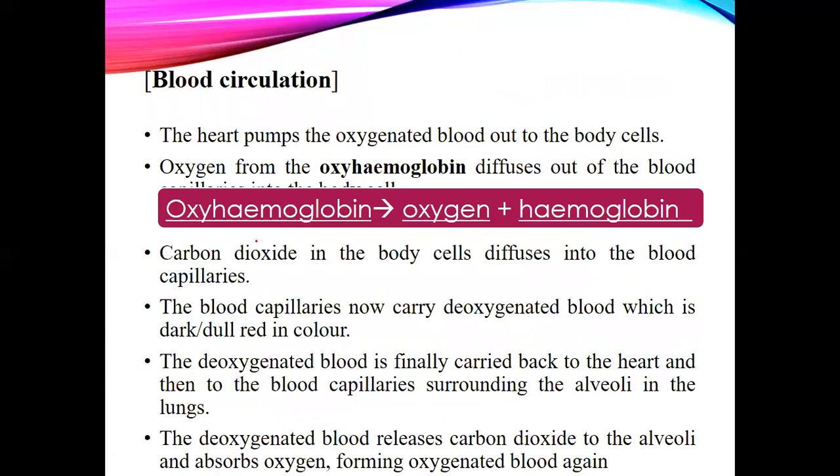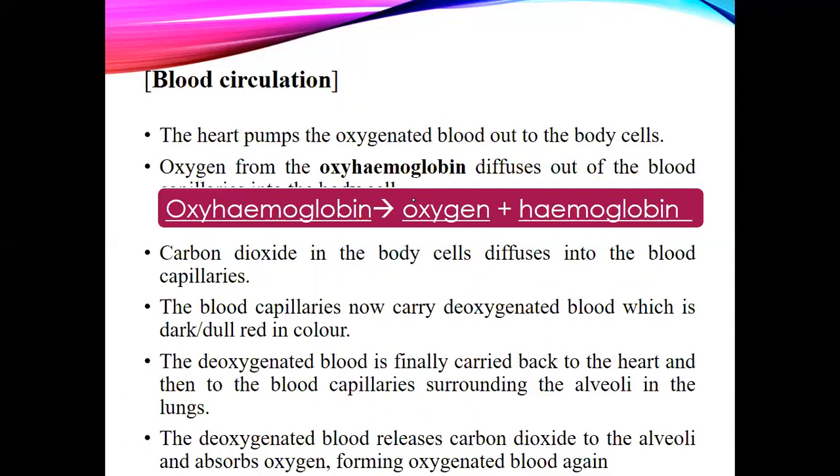Now let's talk about blood circulation. The heart pumps the oxygenated blood out to the body. Oxygen from the oxyhemoglobin diffuses out of the blood into the body.